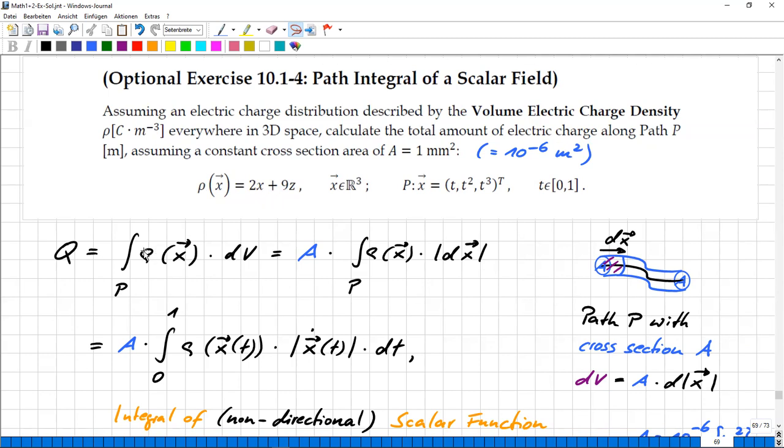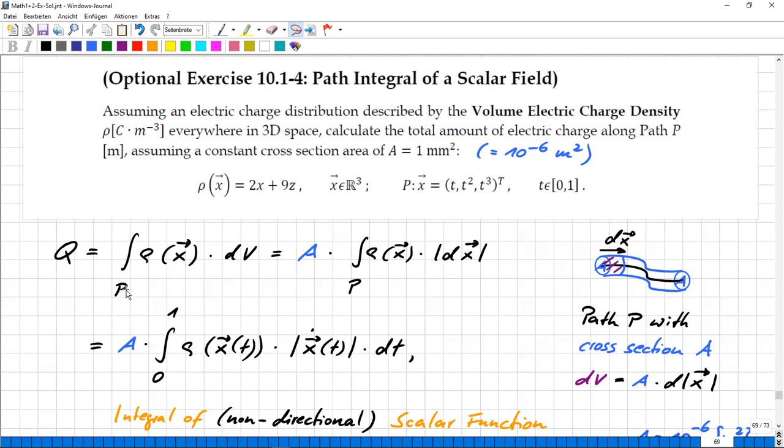So we just take it as a scalar function, rho of x vector, and then, first of all, it's a volume integral. We must sum this up, multiplying with infinitesimal little pieces of volume, and then summing up, we get the total charge. I mean, this makes sense, right? Because coulomb per cubic meter times cubic meter gets coulomb in the end, the standard symbol for electrical charge, along the path.